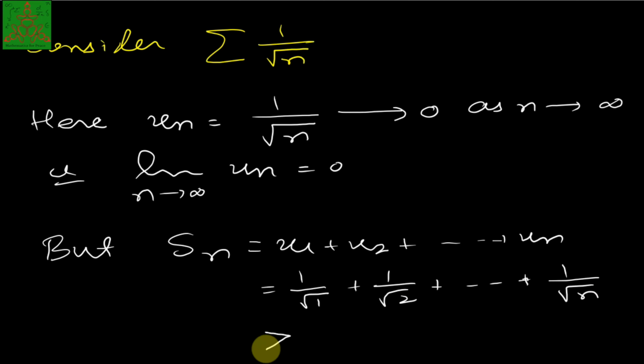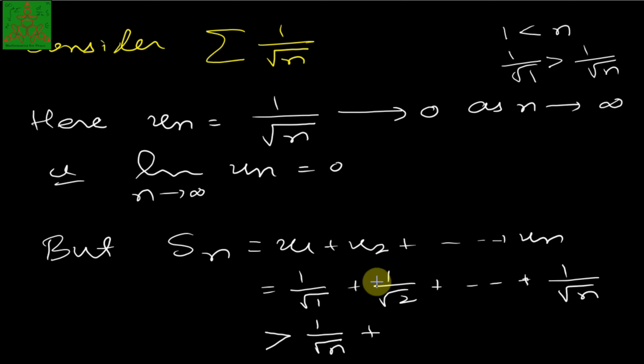Now I can say 1 upon square root of 1 is greater than 1 upon square root of n, because 1 is always smaller than n. The same way I can say for 2 also: 2 is less than n, so 1 upon square root of 2 is greater than 1 upon square root of n.